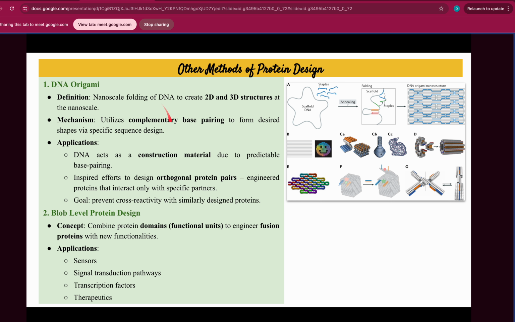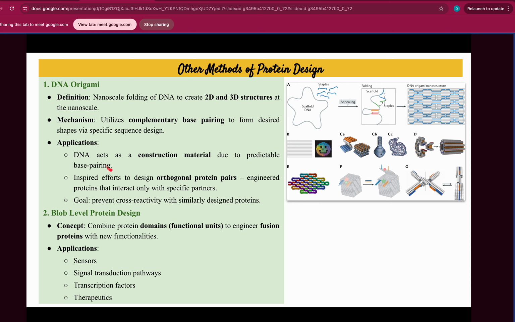So in DNA origami, we are designing different three-dimensional or two-dimensional structures from the DNA molecule at the nanoscale. The application is that it can act as a construction material, because we can predict the base pairing, and it inspired efforts to design orthogonal protein pairs, engineered proteins that interact only with specific partners.